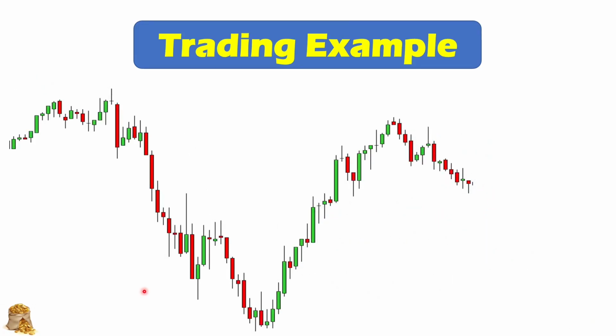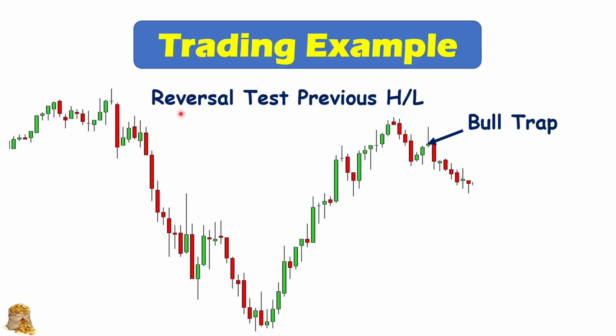In this example, the market goes down and then reverses. So if you think that the market will continue to go up, and then here's the pullback, and then you enter when you see these two bull bars, then it becomes a bull trap. That is because, like I said, the previous high-low are very important levels.